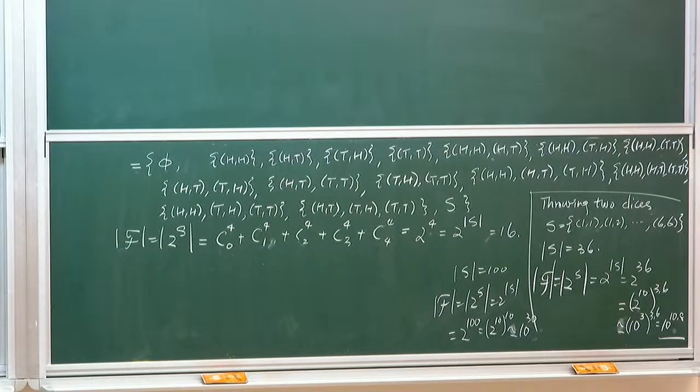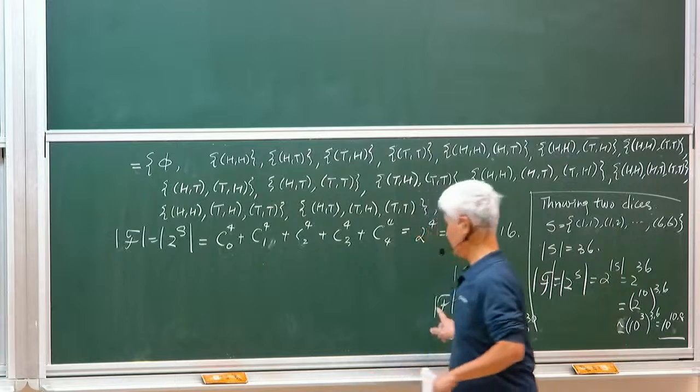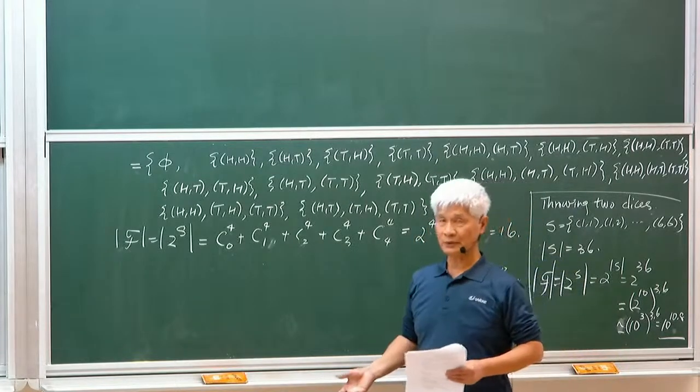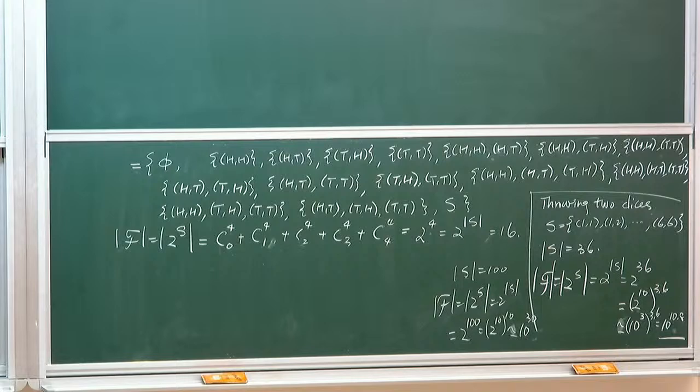So you need a mathematical structure. If you do the exercise, for example, the exercise I will assign for you in chapter 2, then you will see that the collection of all possible events, or the power set of the sample space, becomes a huge number, quite often.